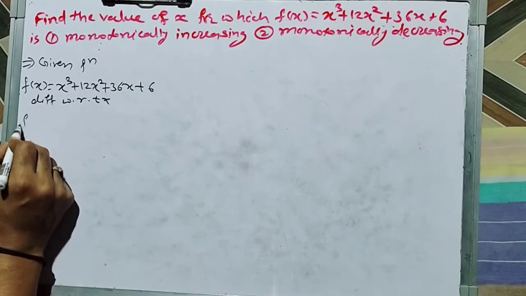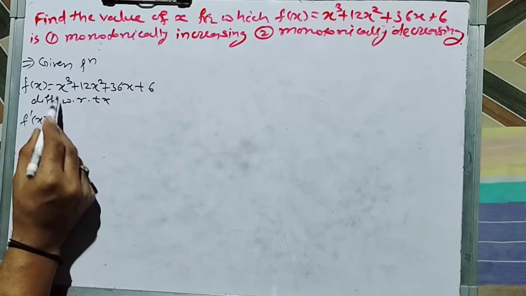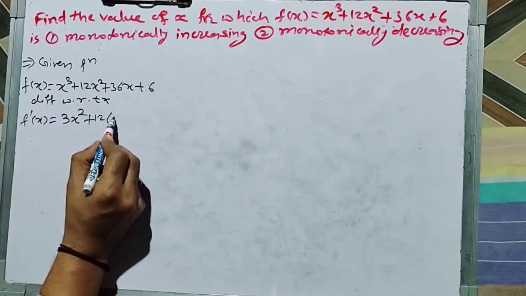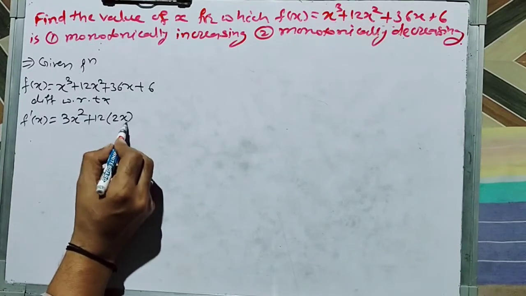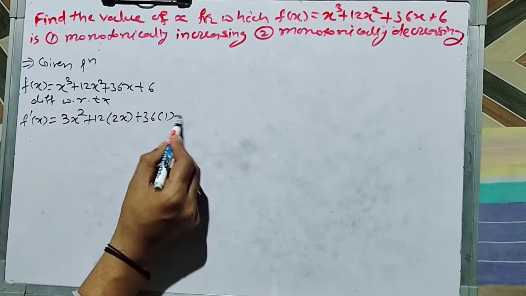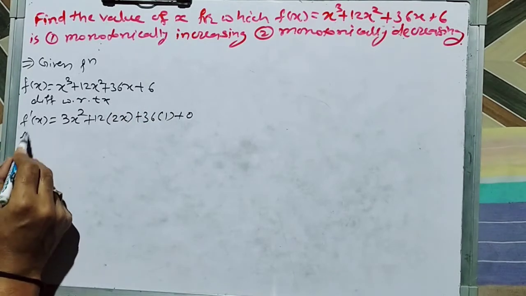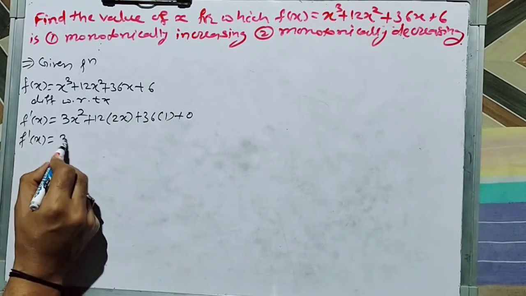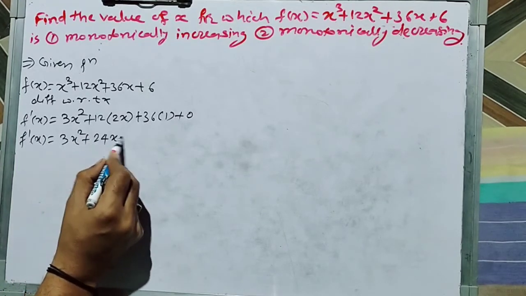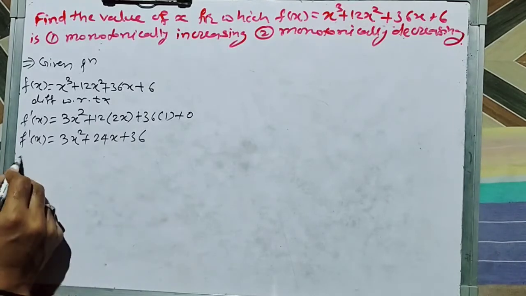So the derivative f'(x) is equal to the derivative of x cube, which is 3x square, plus 12 times the derivative of x square, which is 2x, plus 36 times the derivative of x, which is 1, and the derivative of 6 is 0. So f'(x) = 3x square plus 24x plus 36.